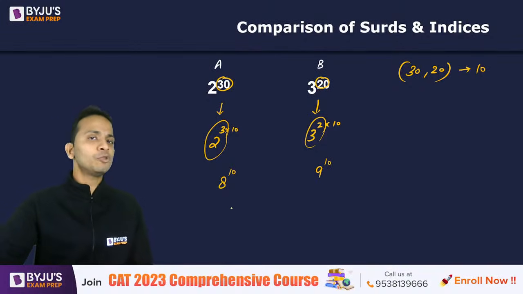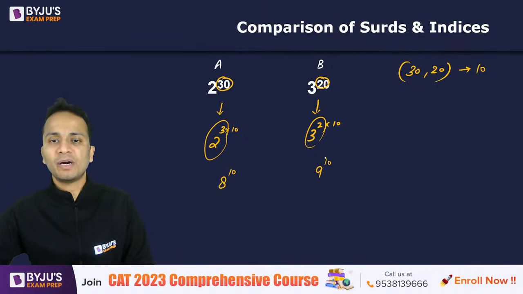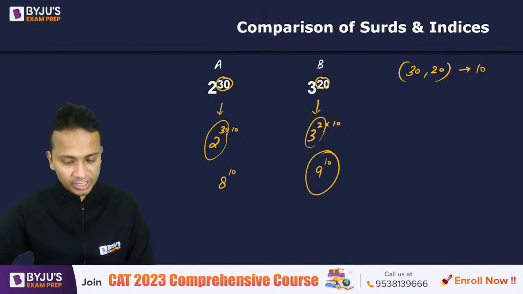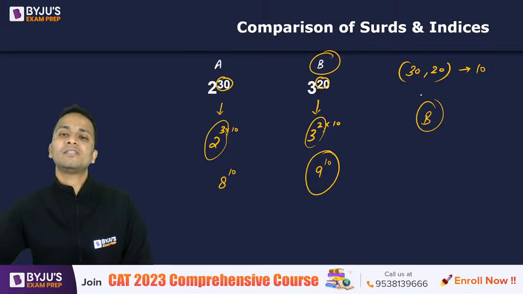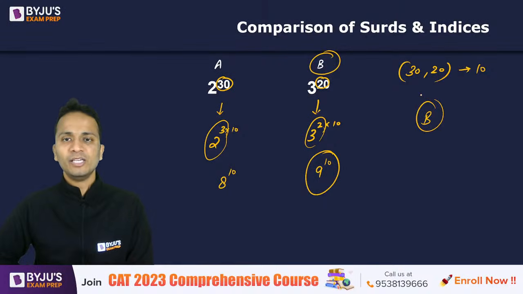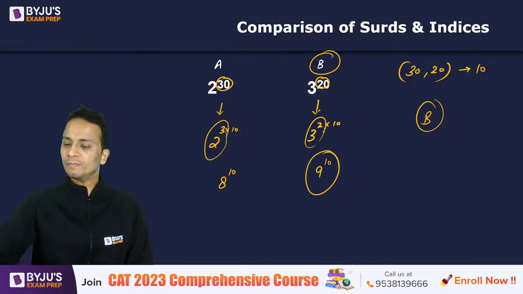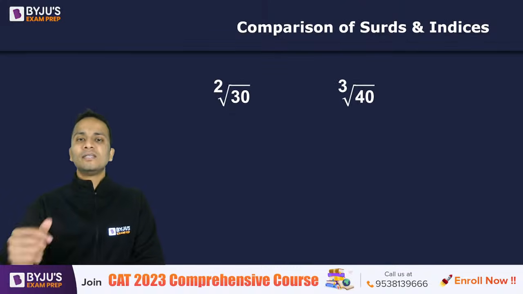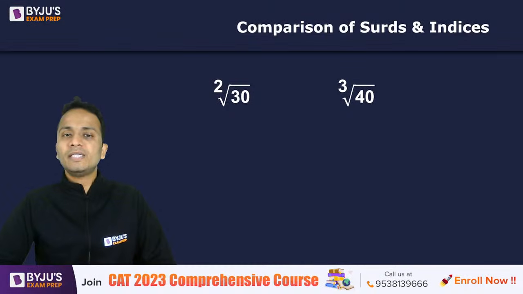Obviously 8 raised to the power 10 is smaller as compared to 9 raised to the power 10. So the larger of these two is 9 raised to the power 10. Tanmoy, this time you are absolutely correct. So B will be the answer for this one. The larger of these two is 3 raised to the power 20, right? Let's move further and do some more comparison. All right, now square root of 30 and cube root of 40.